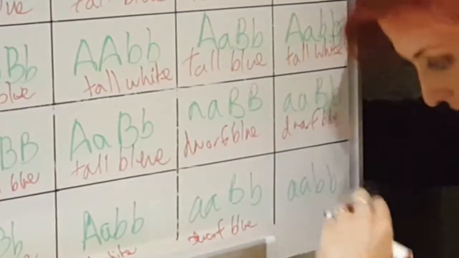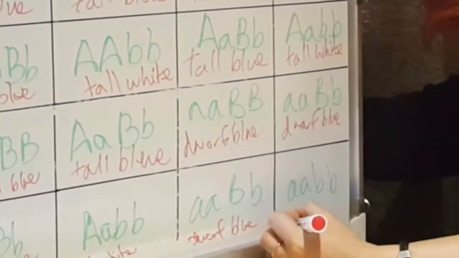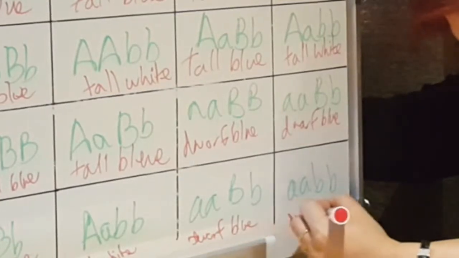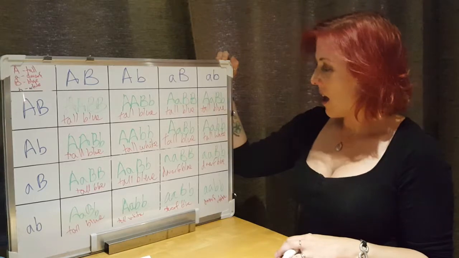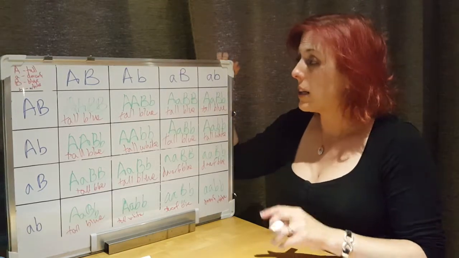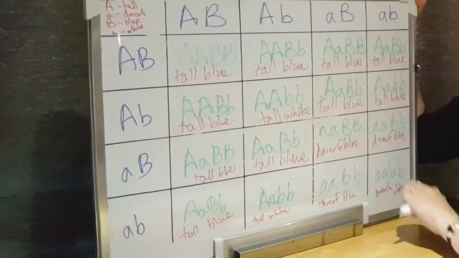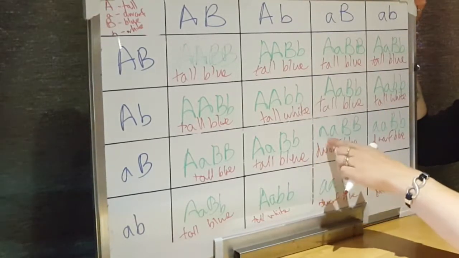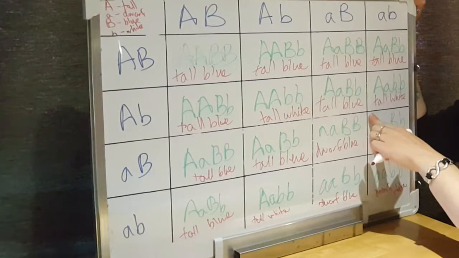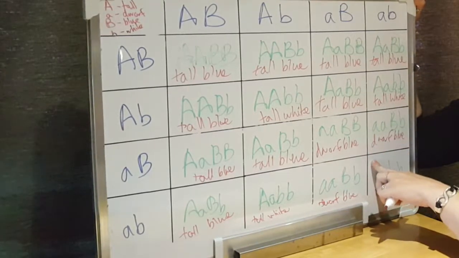Let's see if I can actually write this in here. Well, assuming you can read that, we have got 9 tall blue plants, 3 tall white plants, 3 dwarf blue plants, and 1 dwarf white plant.